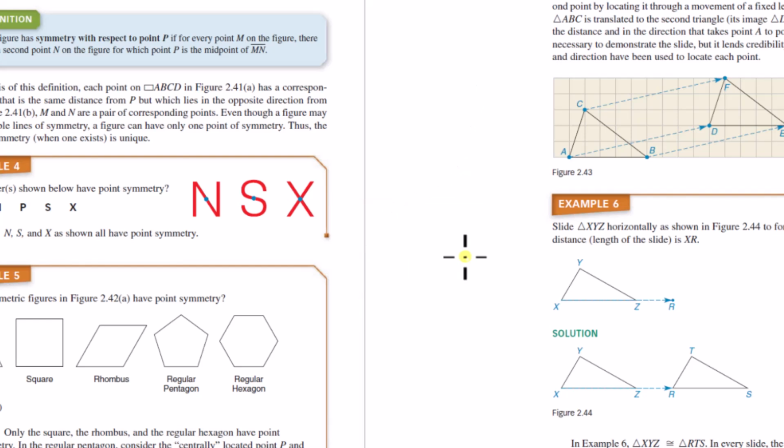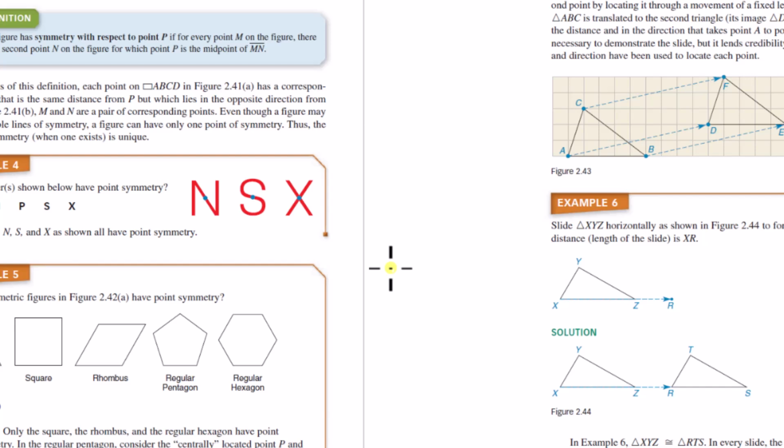But now the reverse is an interesting question as well. If you've got at least one axis of symmetry, does that mean that there must be a point of symmetry for that figure? We can quickly think about how the answer to that question is going to be no as well.